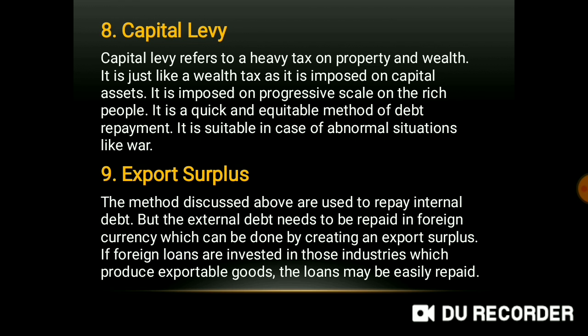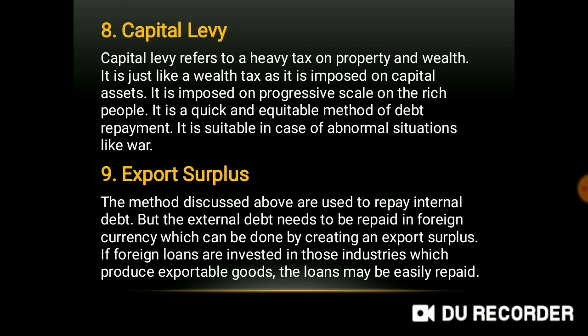It is a quick and equitable method of debt redemption. It is suitable in case of abnormal situations like war. So this is what is meant by capital levy, that is imposition of heavy taxes on the rich people on their properties so that more of the revenue can be generated through taxes which can be used for the repayment of the loans of the people.